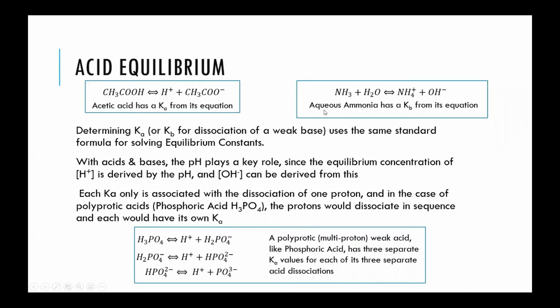Now, a strong acid or a strong base is pretty straightforward. It breaks apart, it goes from the acid molecule into its ions, and that's it. It's 100%. But weak acids and weak bases that only break apart to a certain percentage have a little bit more detailed chemistry, because in these situations, it's an equilibrium.